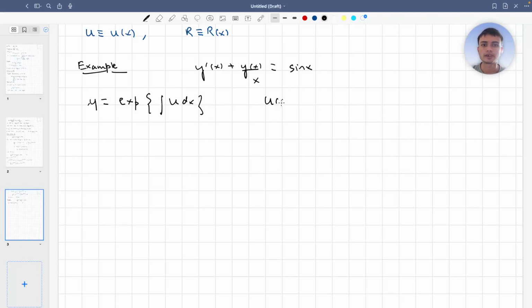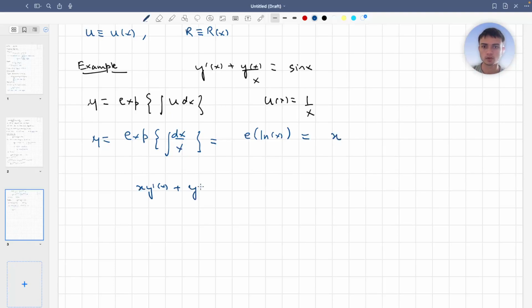So my u(x) is 1/x. So my mu turns out to be the exponential of the integral dx/x, that goes as the exponential of ln x, and that is simply x, right? So that goes as x y'(x) + y(x) = x sin x.